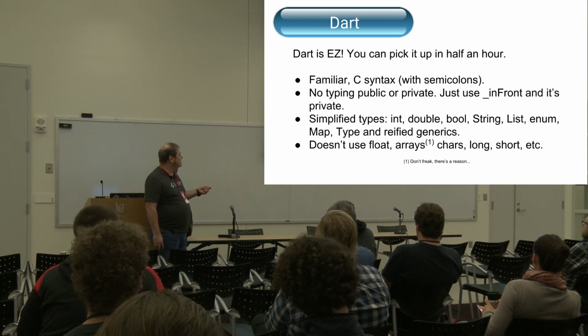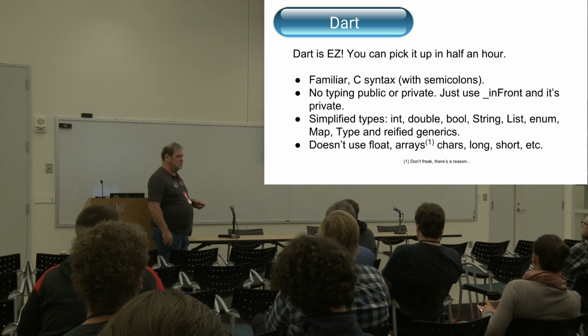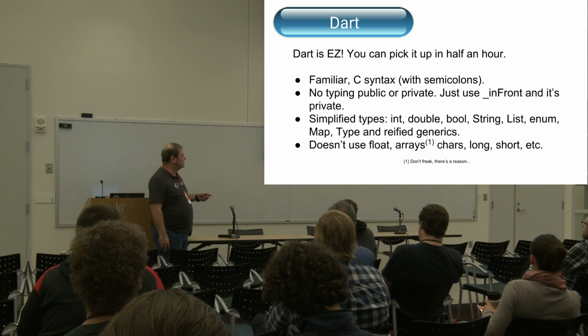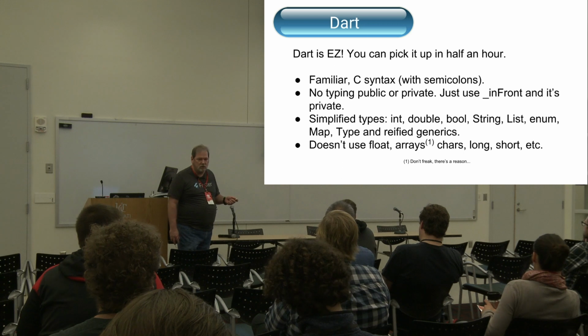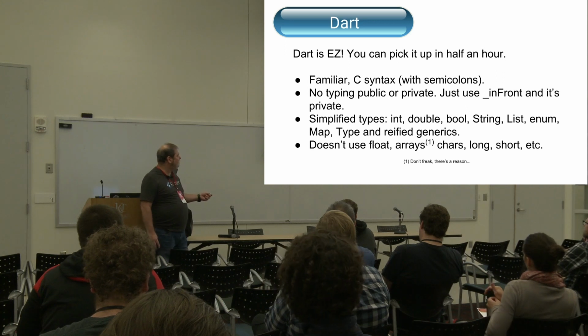Simplified types, integer and double. No float, no long, no short. Integer, double. Move on. Nice and simple. Strings, no char. We're keeping it easy here. List, enum, map, type, reified generics.